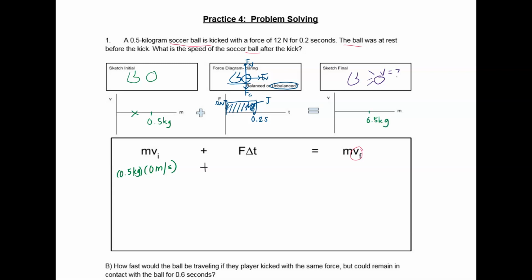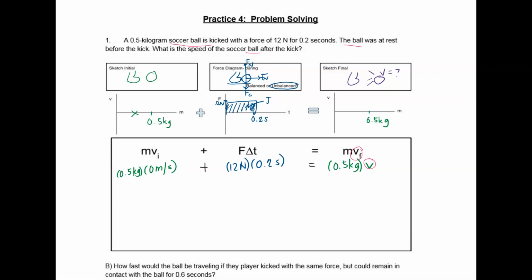All right, so we know that the ball was being kicked with a force of 12 newtons for 0.2 seconds. And we also know that the mass of the ball is 0.5 kilograms. And now we're solving for the velocity. We don't know what the velocity is, and we're solving for it.